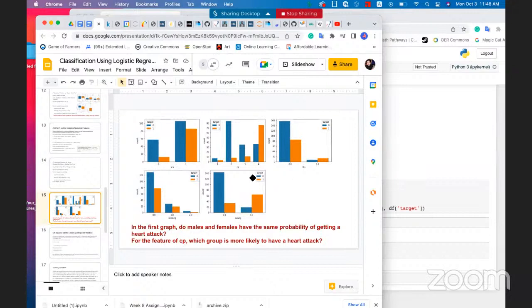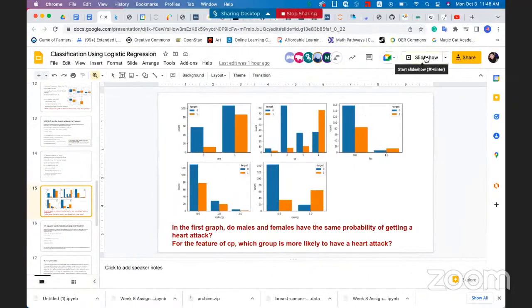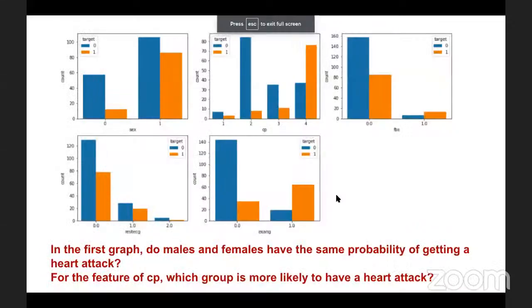If we observe this plot, for example, this gender, does this affect the target variable?